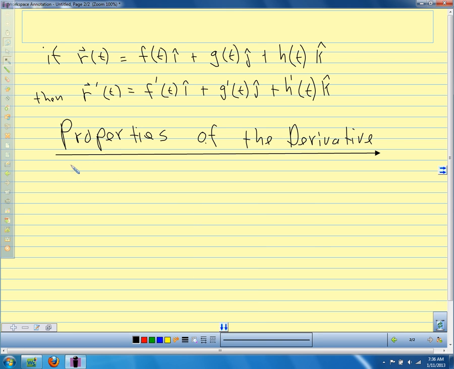For all of these, C is a scalar, F is a differentiable real valued function, and R and U are differentiable vector valued functions.